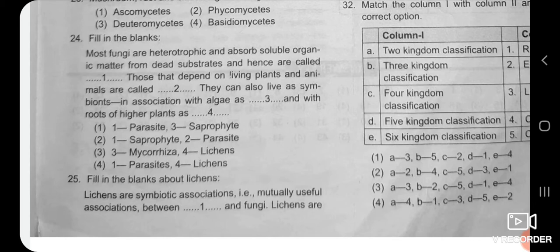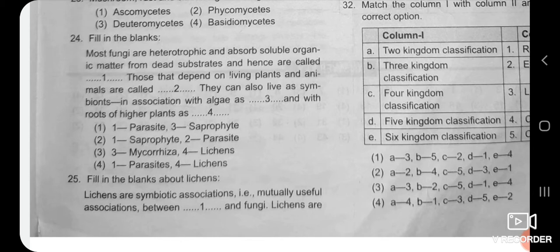So here we have to write the two answers. I will read the question again with the answer. Most fungi are heterotrophic and absorb soluble organic matter from dead substrate and hence are called saprophytes. Those that depend on living plants and animals are called parasites.